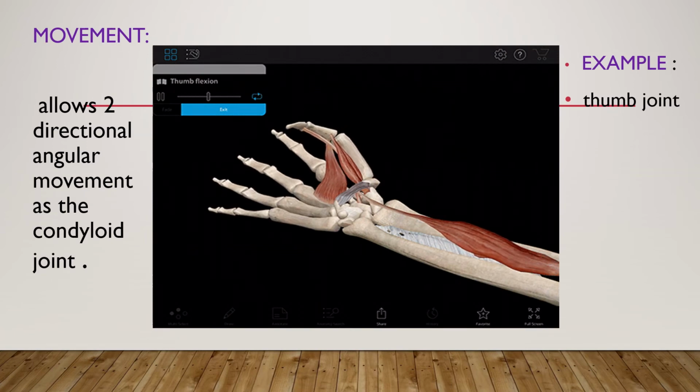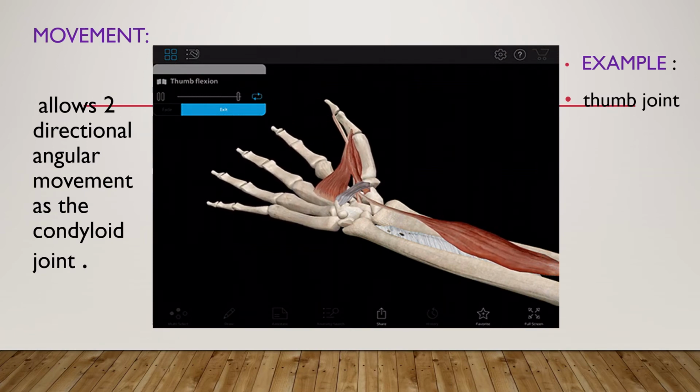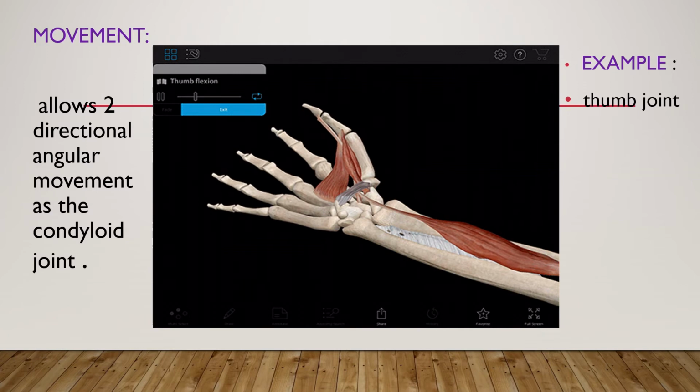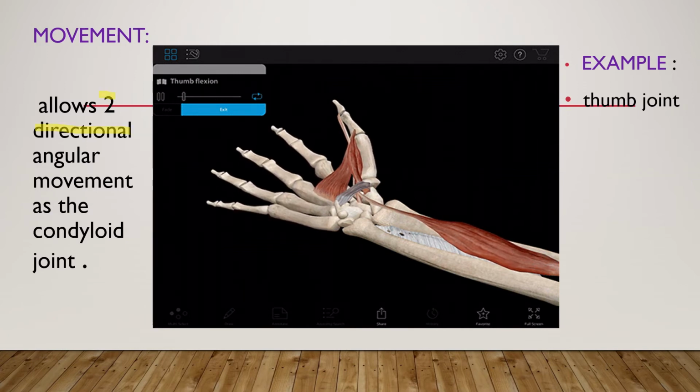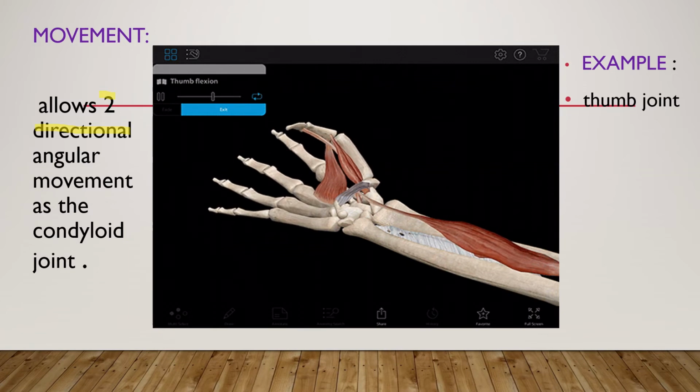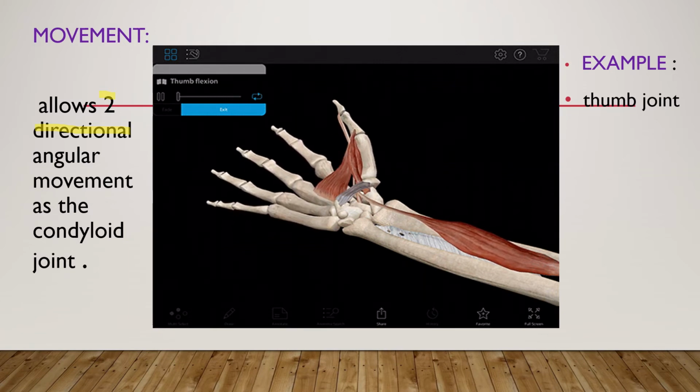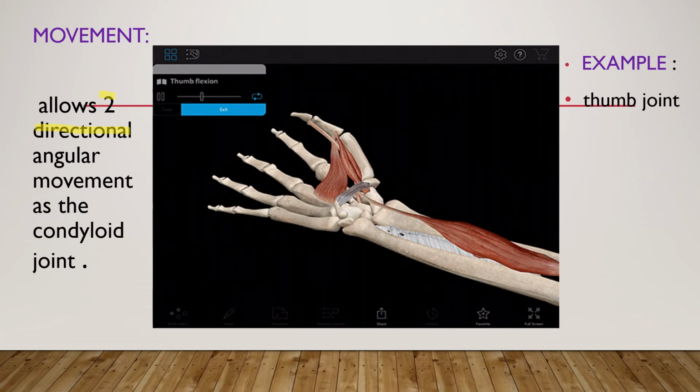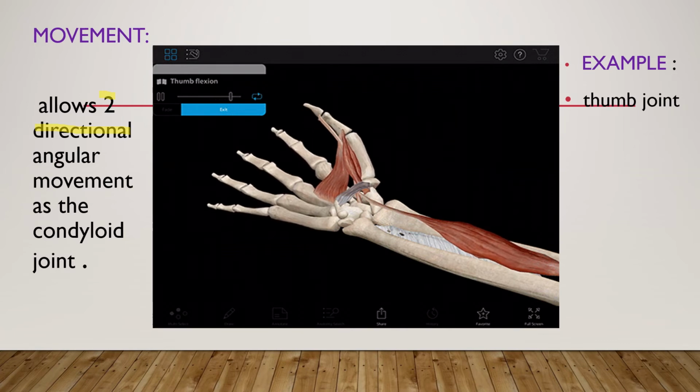According to movement, the saddle joint allows two-directional movement. Two-directional movement means you can move the bones present along the saddle joint in two directions, forward and backward, and also upward and downward.